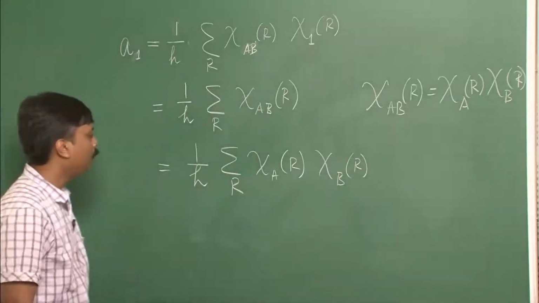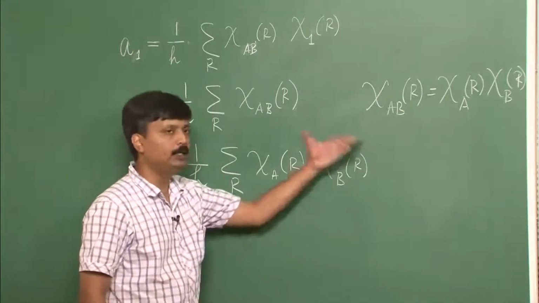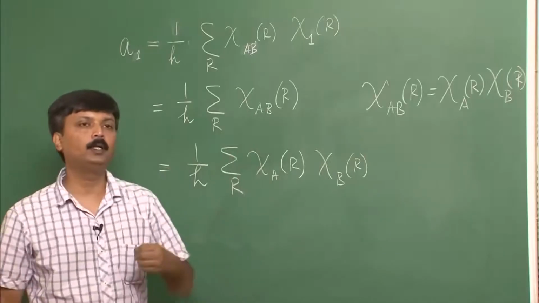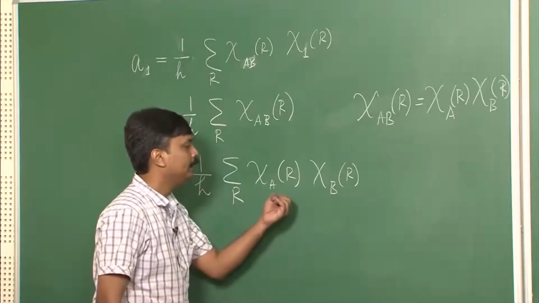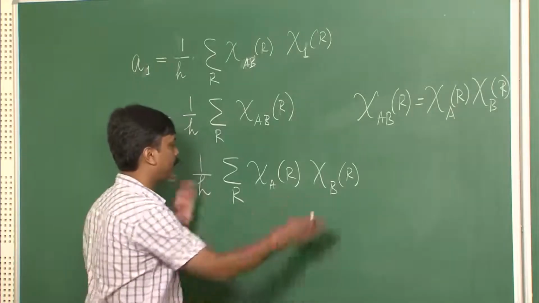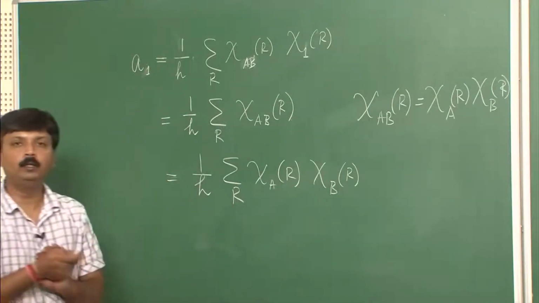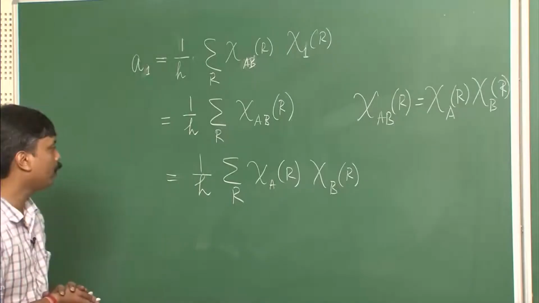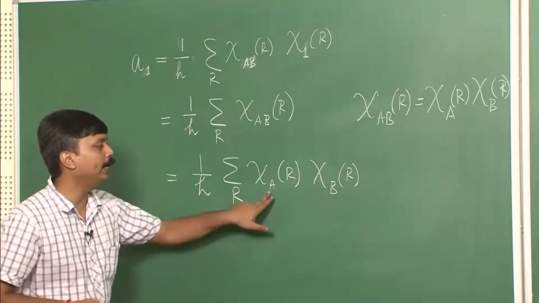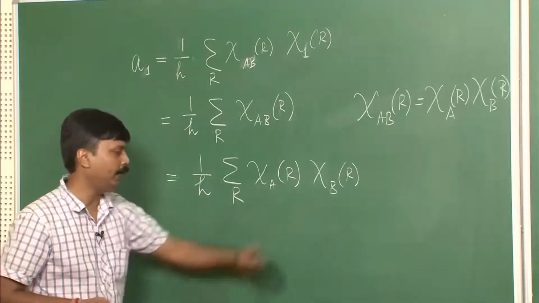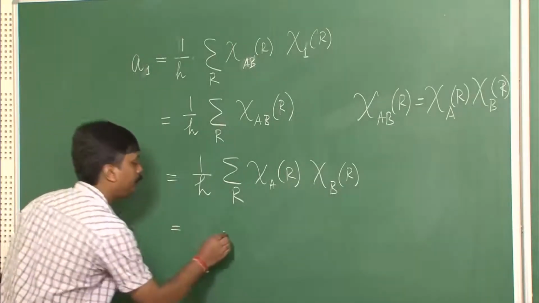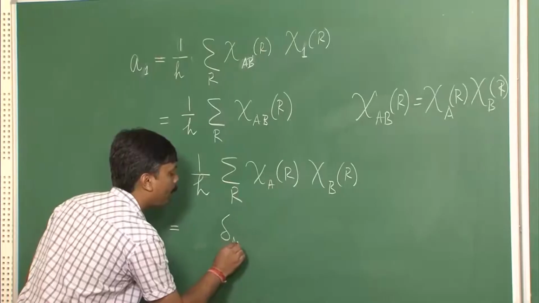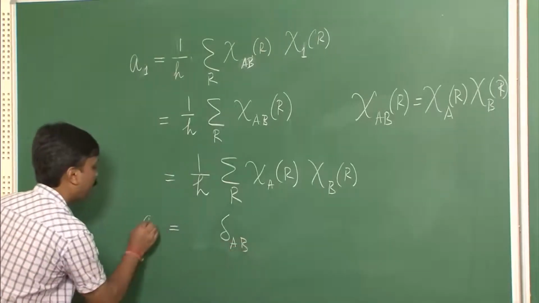Now, if I look at this from the great orthogonality theorem, I can easily say that this whole thing will be non-zero only when A equals B, correct. So, this means delta AB, right.